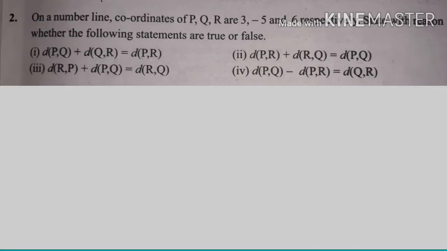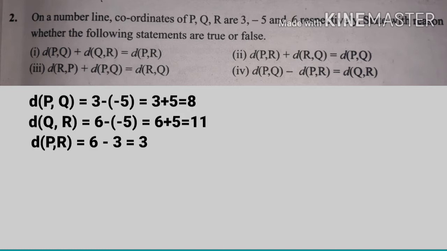Then question number 2. On a number line, coordinates of P, Q, R are -3, -5, 6 respectively. State with reason whether the given statements are true or false. First of all, we find distance PQ, QR and distance PR. First, distance PQ: |-3 - (-5)|, that is 3 plus 5, equal to 8.